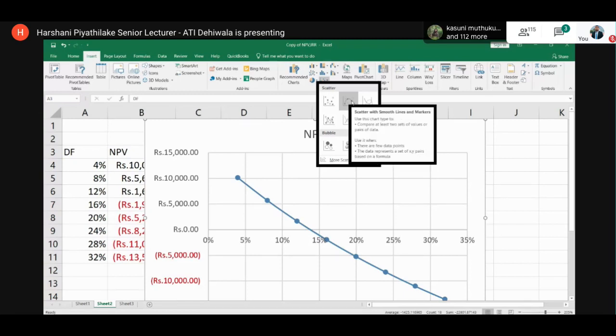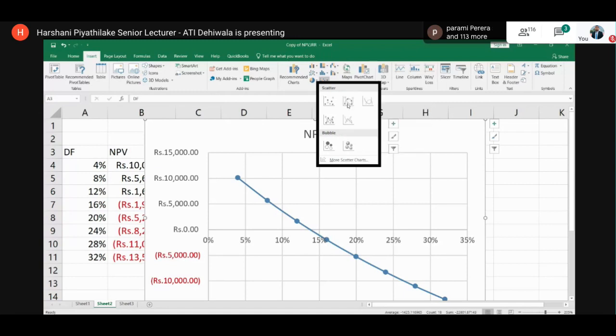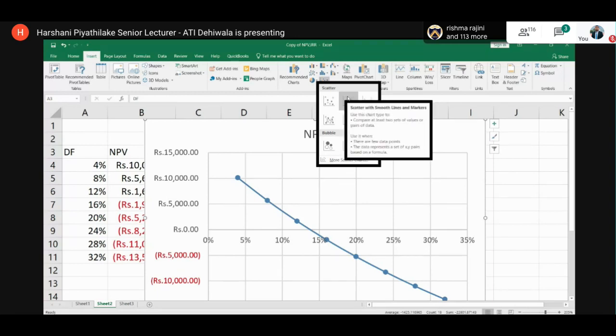Scatter with smooth lines and markers. When you hover over the chart type, you can see it gives the description: scatter with smooth lines and markers. Use this type to compare at least two sets of values or pairs of data.